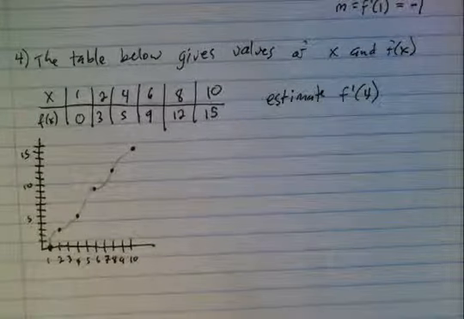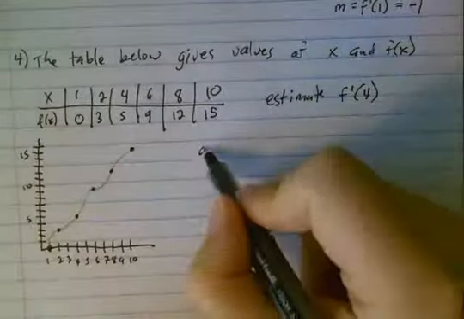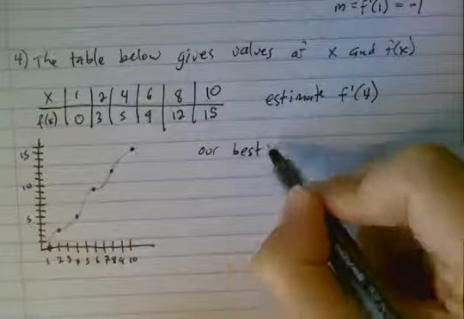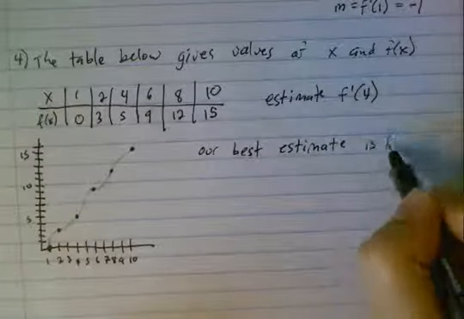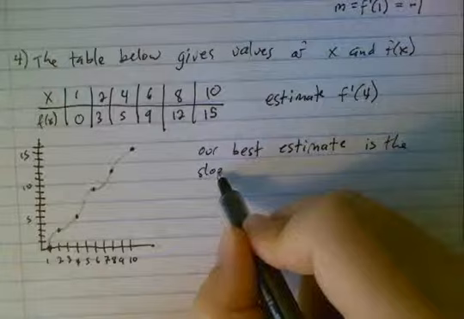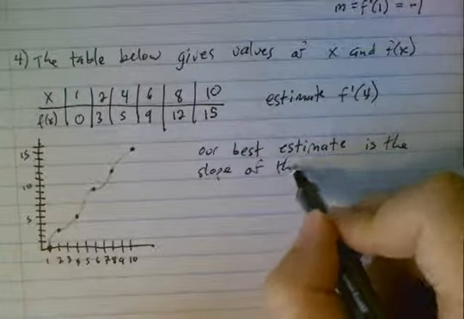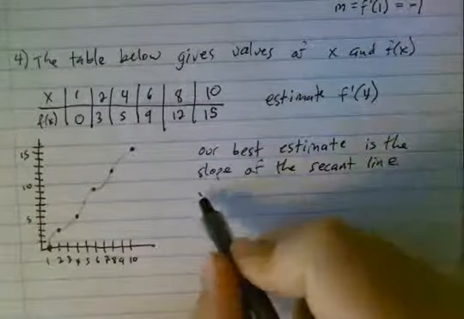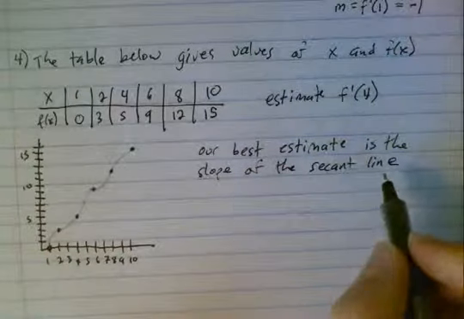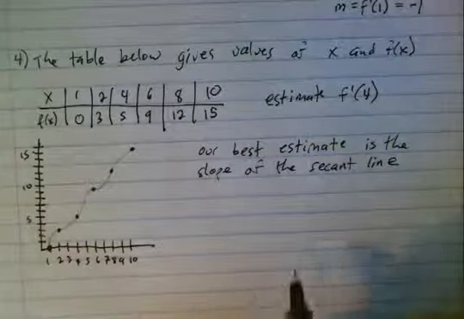So our best estimate is the slope of the secant line. Remember, a secant line is just a line between 2 points instead of tangent to 1.